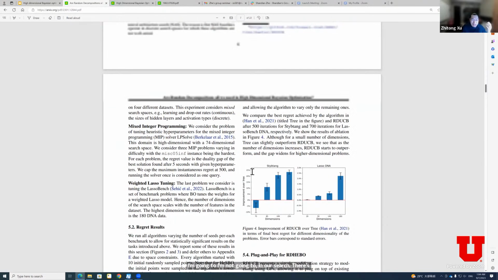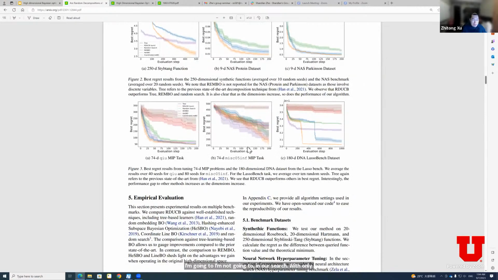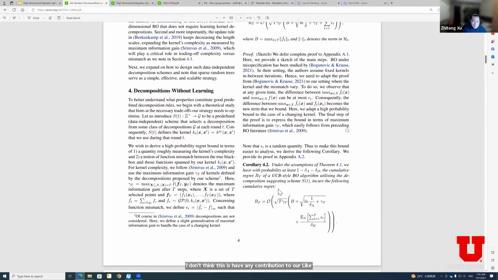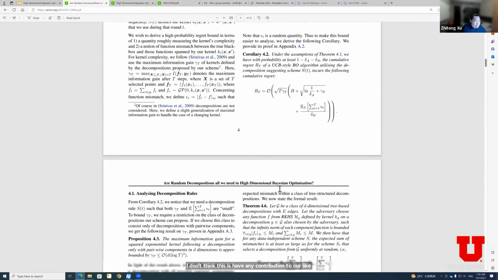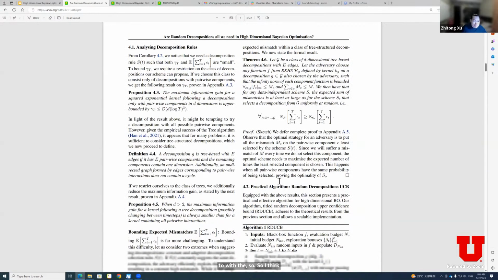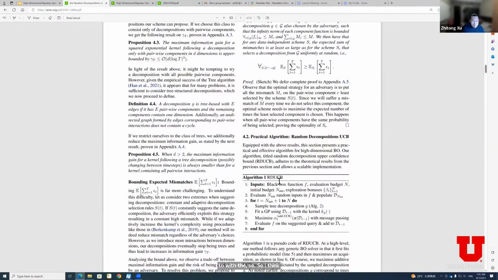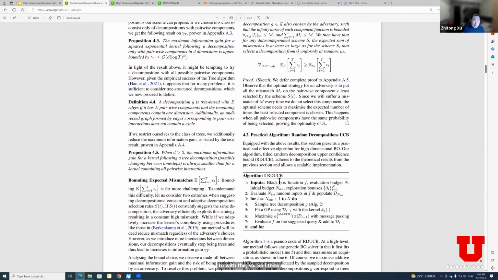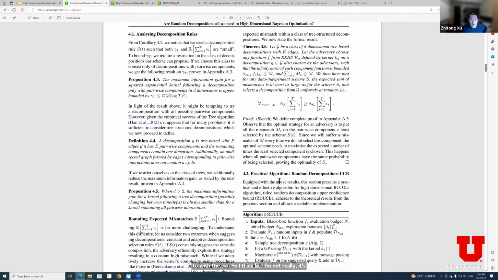I don't think this makes any contribution to us. When I read it, I didn't quite understand their theory. I don't think there's anything useful for our purpose.